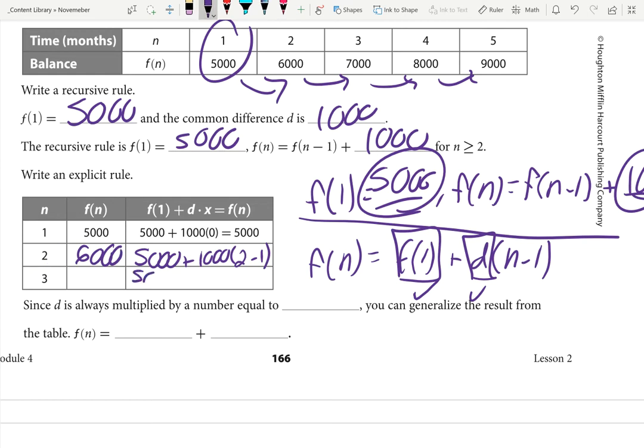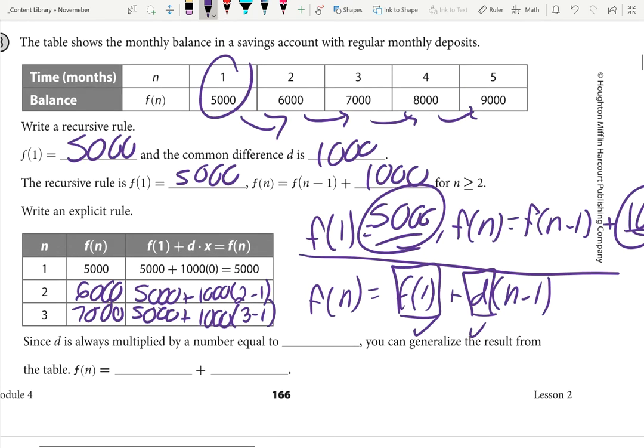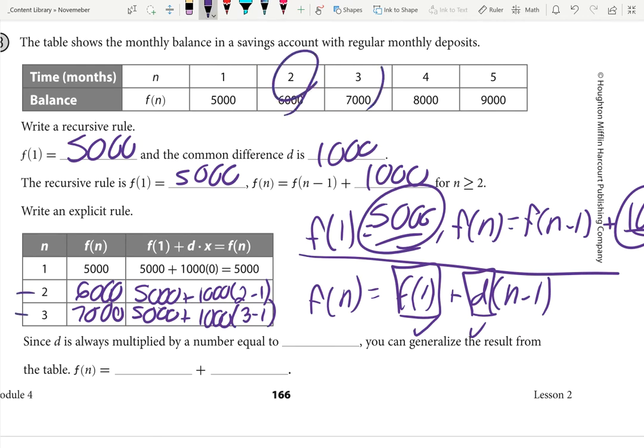And then if you want to find the third term, 5,000 plus 1,000 times 3 minus 1. 3 minus 1 is 2. So that's going to be 2,000 plus 5,000, which is 7,000. Right. So our explicit rule works for our function because you can see that the second term was 6,000, just like it says up here. The third term was 7,000, just like we got up here. So the function that we have here works.